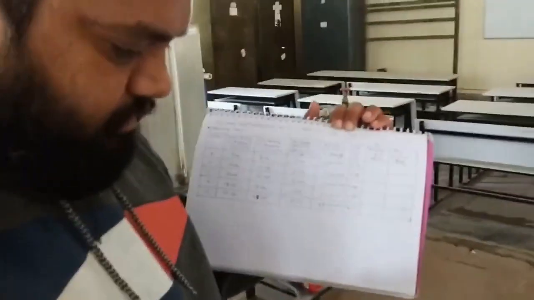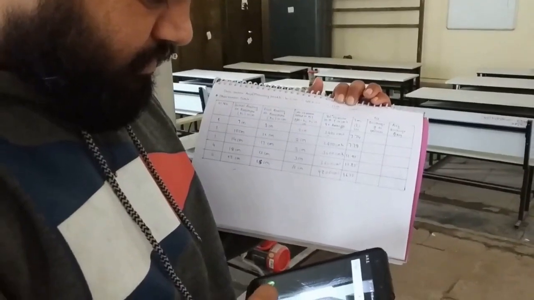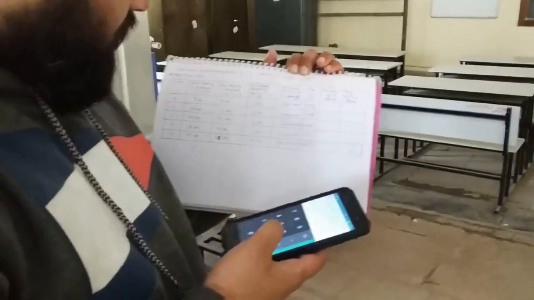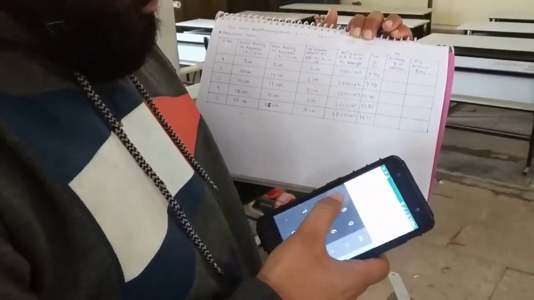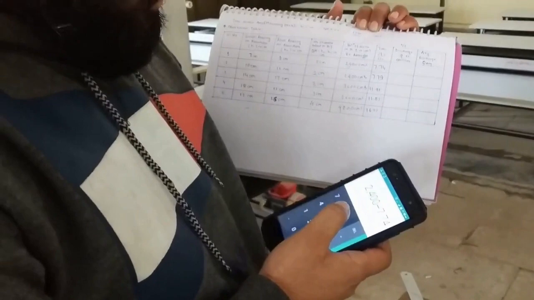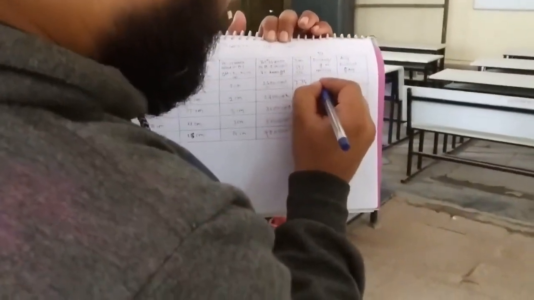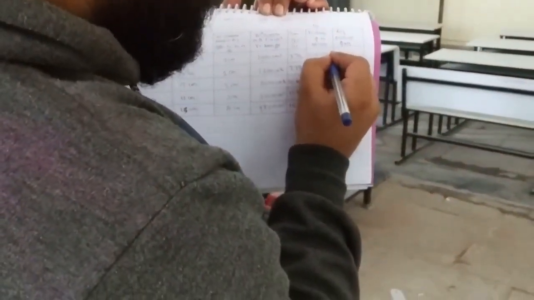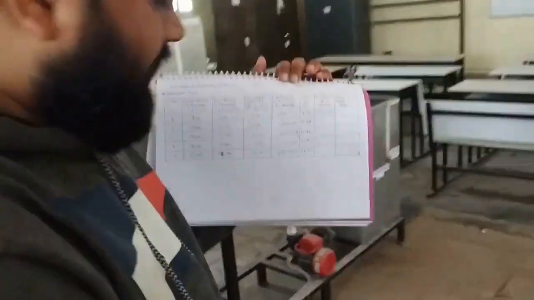So I am calculating this on the calculator. 2400 centimeter cube divided by 7.74 gives 310.07 centimeter cube per second. This is the discharge.